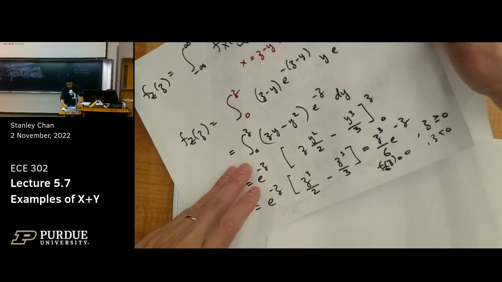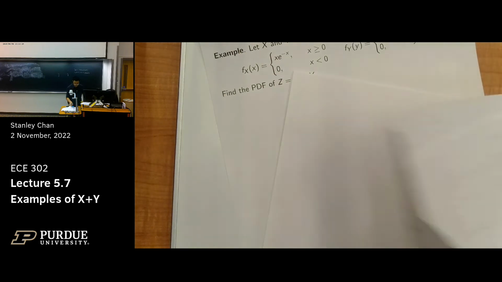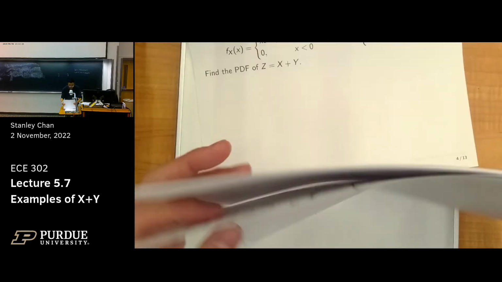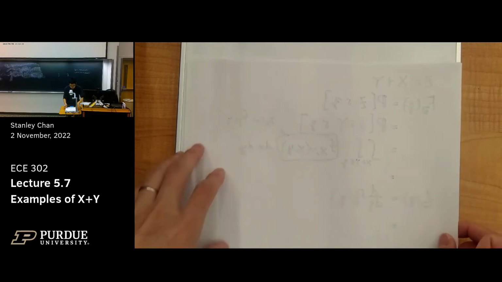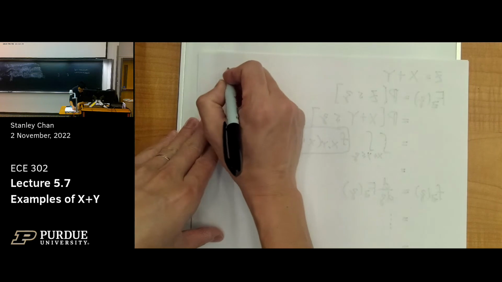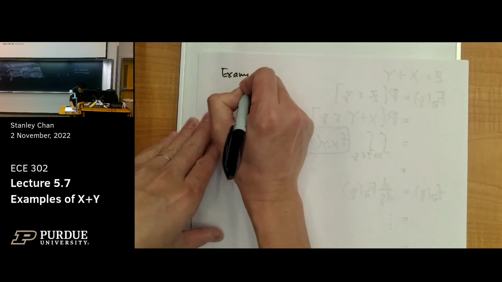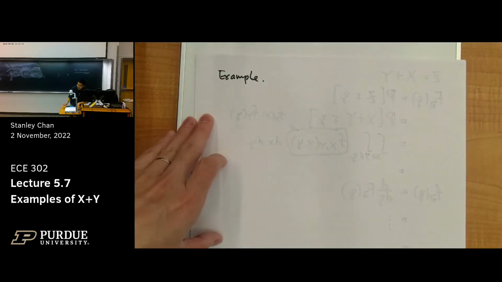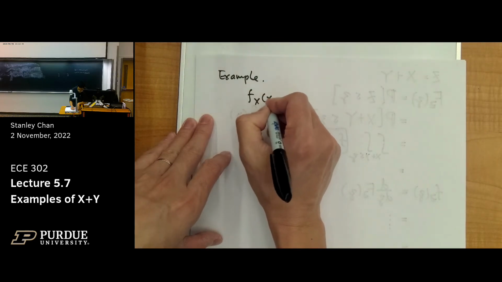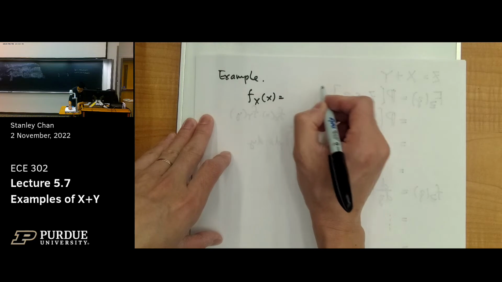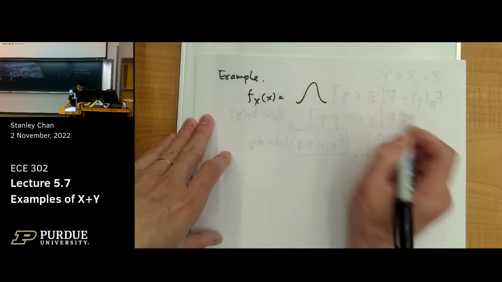So the following example is this. It's not example number 2, but something I have in mind. So let's do this. Let's consider f_x to be a Gaussian.